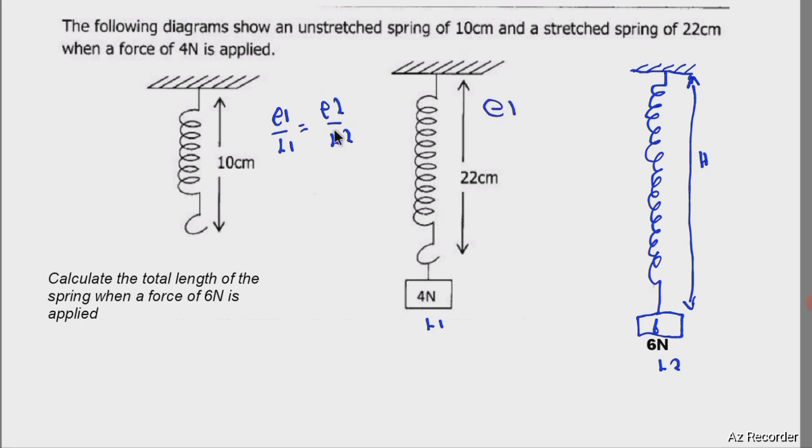So extension 1, we can simply find it. The original spring was 10 centimeter, but after adding the 4 Newton, it extended up to 22 centimeter. So we're going to subtract 22 minus 10 to find extension 1. 22 minus 10 gives us 12 centimeter.